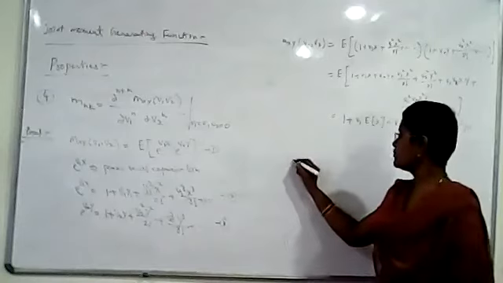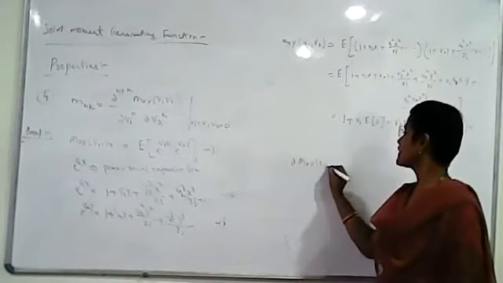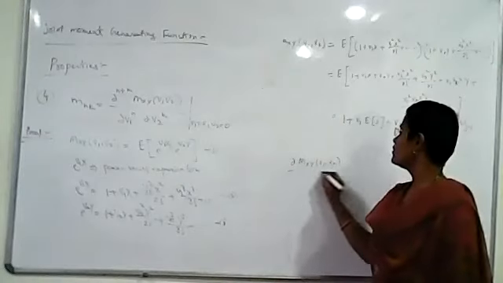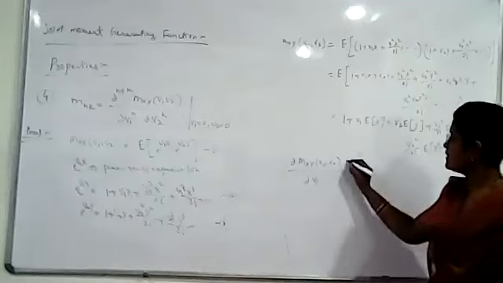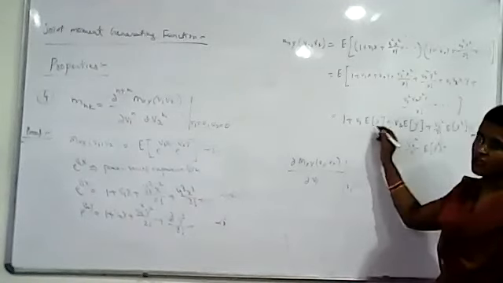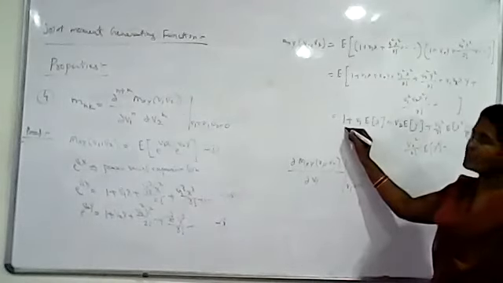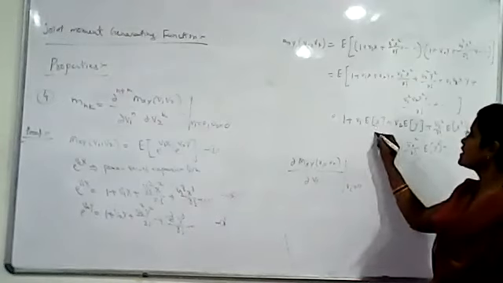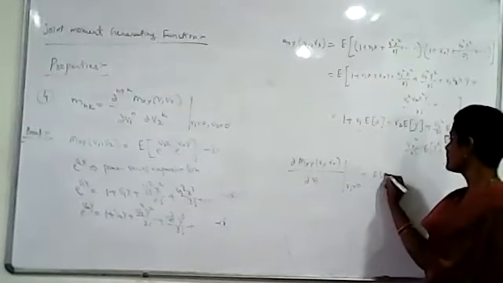Now we partially differentiate this with respect to v1 and v2. First we do the differentiation with respect to v1 and substitute v1 equal to 0. If you differentiate with respect to v1, the constant term is 0, since differentiation of a constant is 0. We get expected value of x.